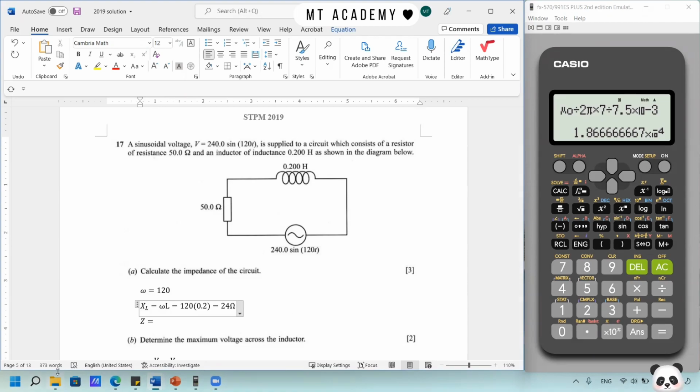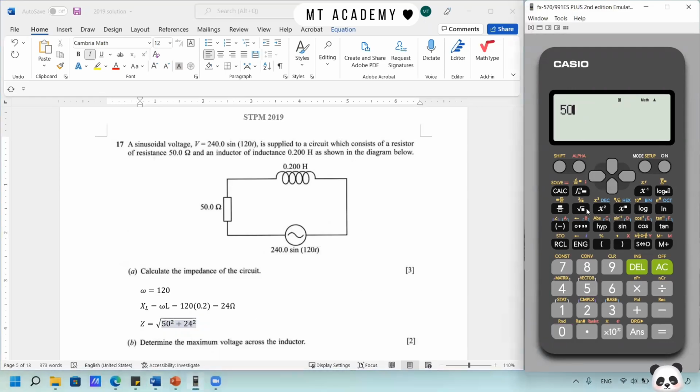Now we calculate the impedance, which is the square root of R squared, 50 squared, plus the reactance squared, which is 24 squared. It is equal to 55.5 ohm.